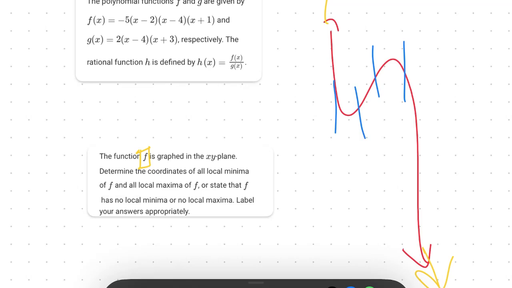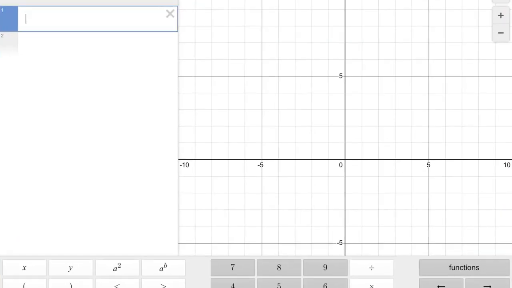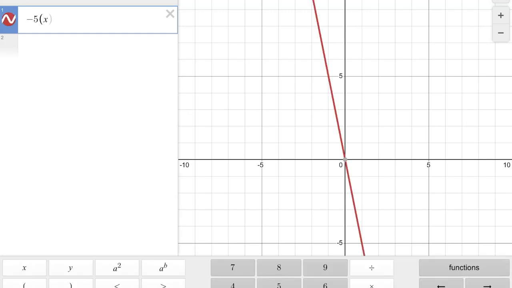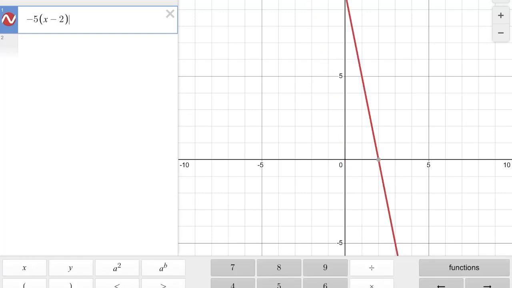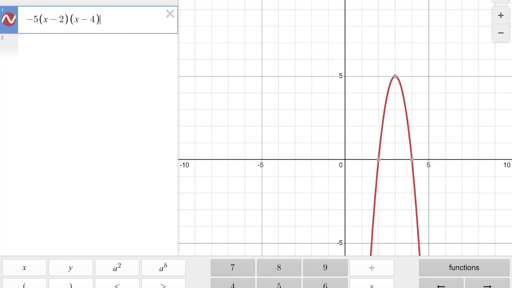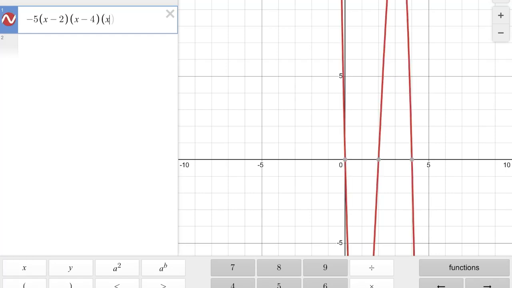Okay, so the function f is, I believe, negative 5 times x minus 2, x minus 2, x minus 4, and x plus 2, x plus 1. Sorry.